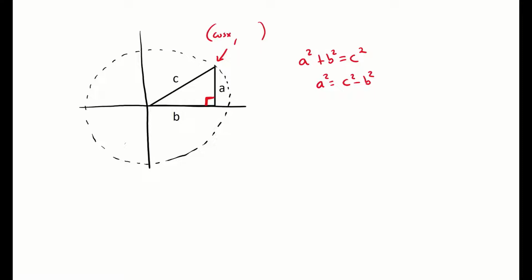So x is represented by cosine theta, where theta is my angle of reference, and my y coordinate is represented by sine theta. And so we can think of side A as sine theta, and side B as cosine theta. And our C, remember, this is a unit circle, has a unit of 1.